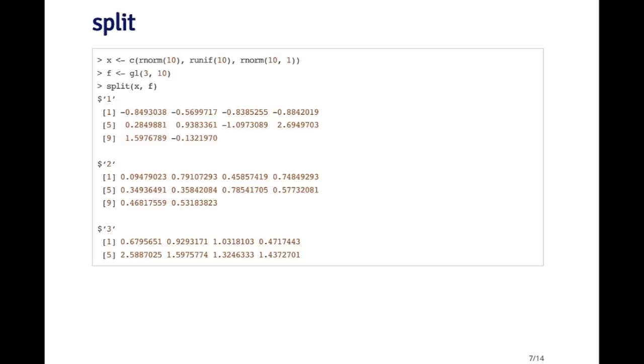So now you can see when I split the x vector, I get a list back, and the first element is 10 normals, the second element is 10 uniforms, and the third element, which gets a little cut off here, is 10 normals again. So that's what the split function does. So split always returns a list back, and if you want to do something with this list, you can use lapply or sapply.